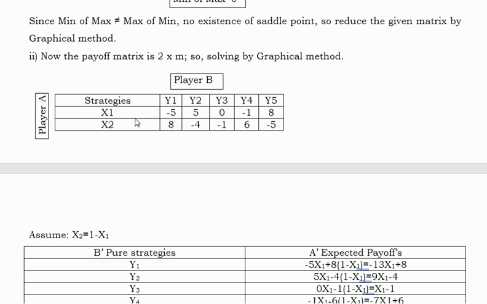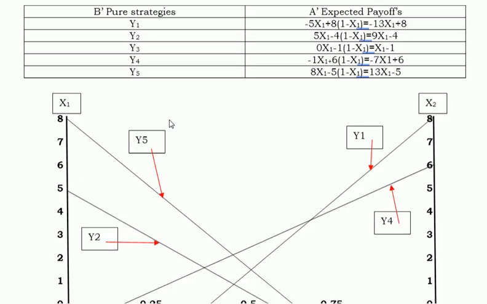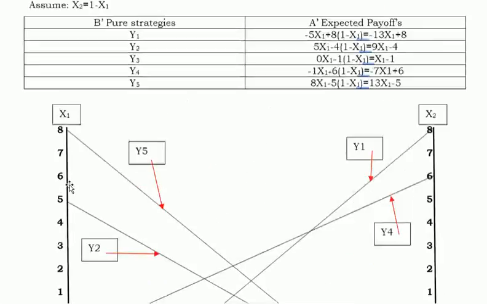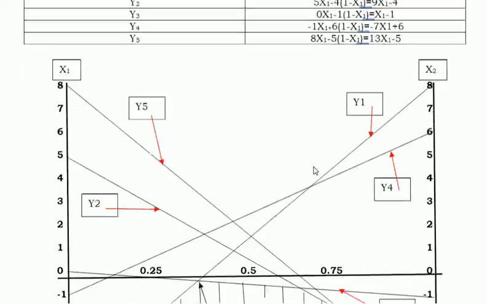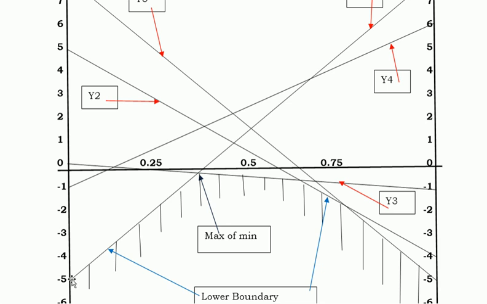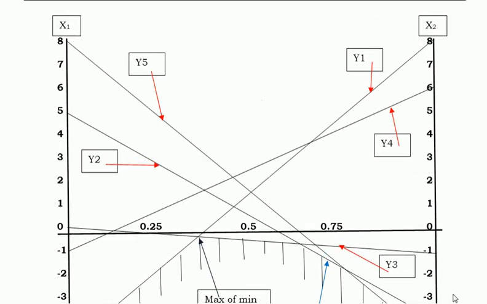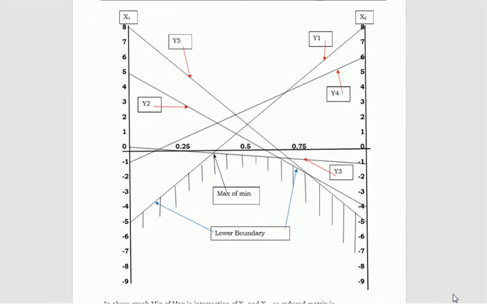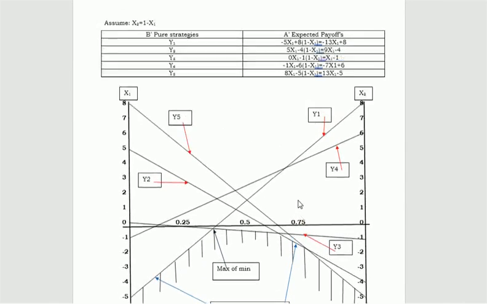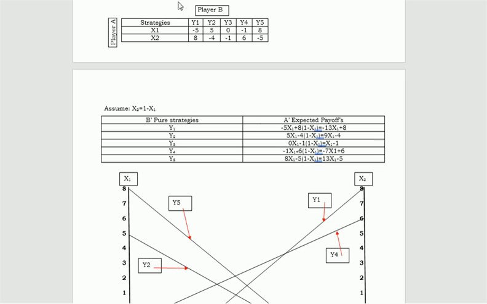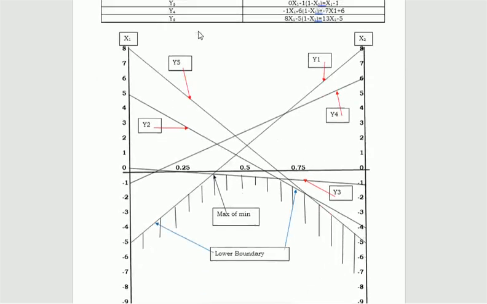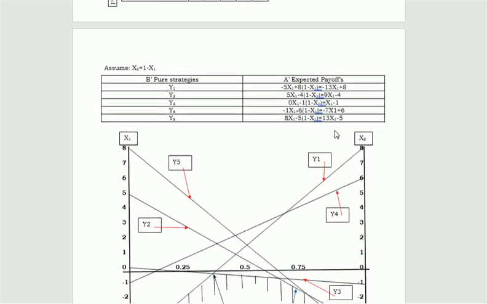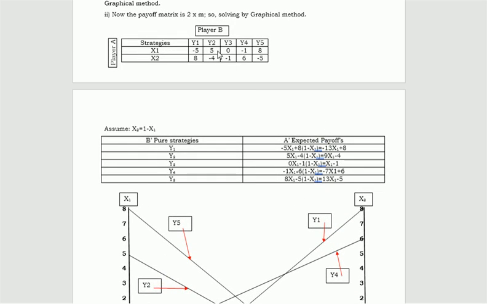For y1, x1 is minus 5, so minus 5 here, put a cross mark. x2 is 8. So minus 5 and 8. And 5 and minus 4.